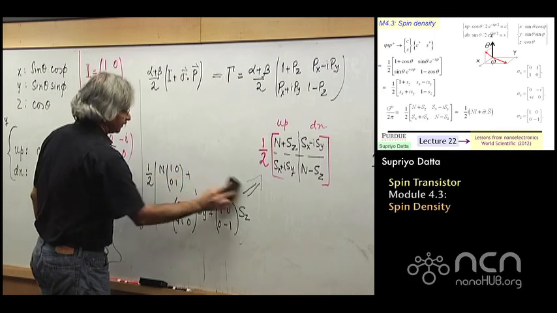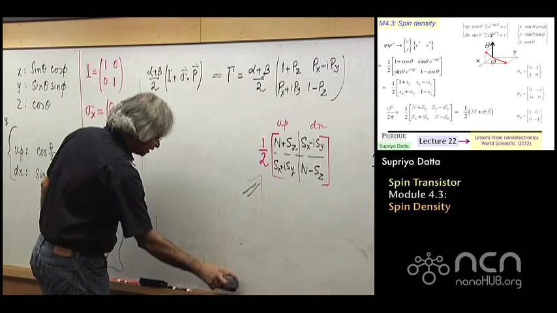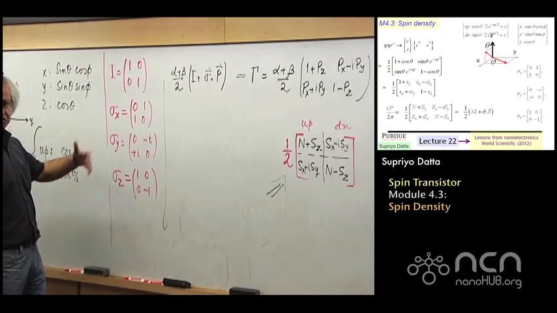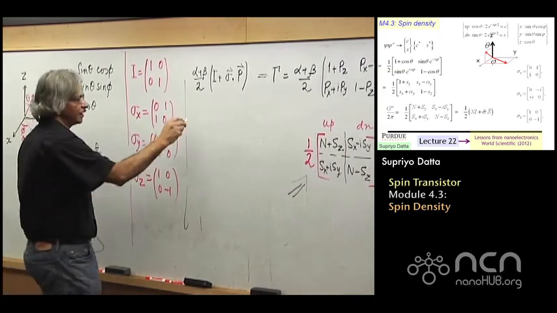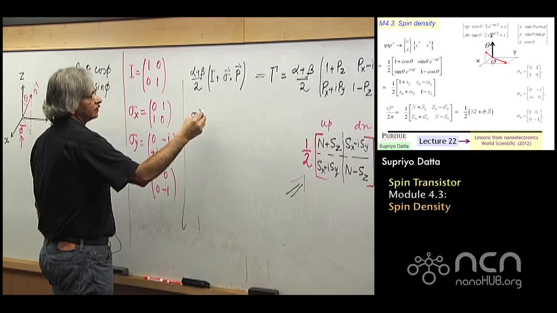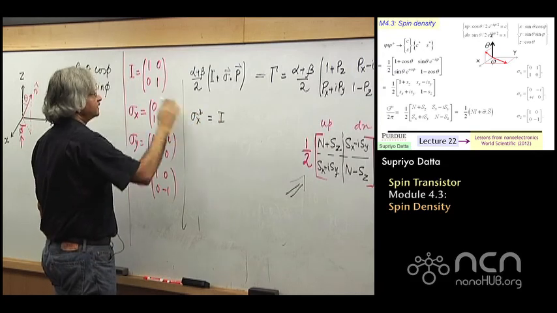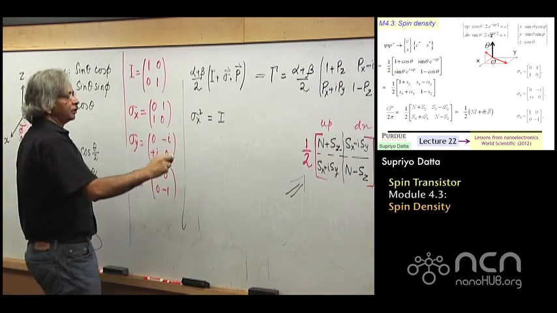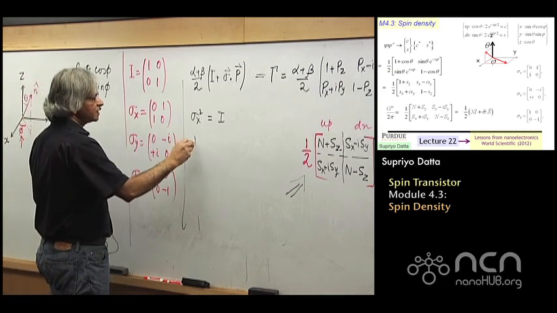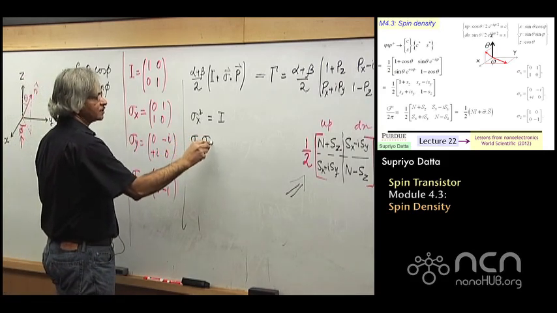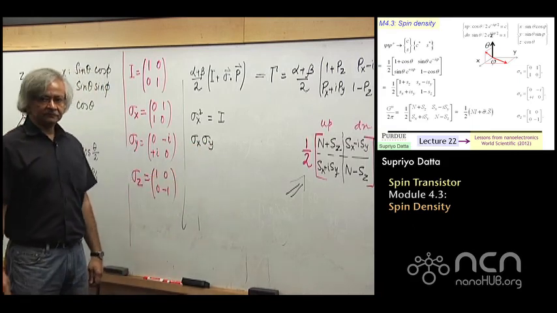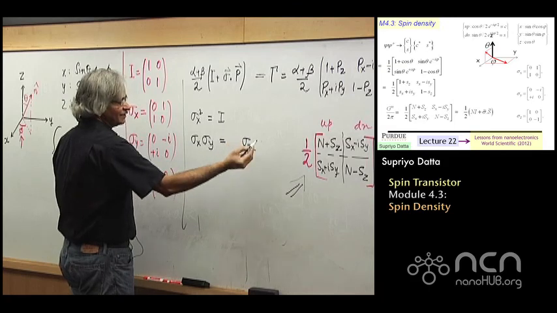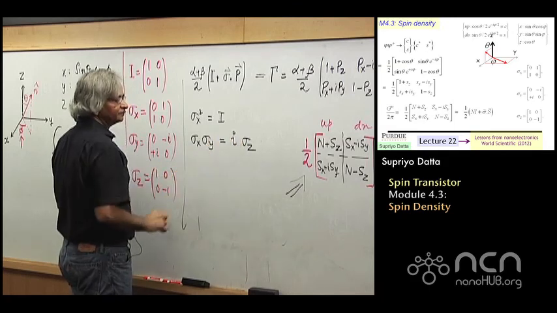It goes something like this. If you take any of these matrices and just square it, like sigma x squared, the answer is it will be I. It will basically be the identity matrix. And you can show that. Or you could multiply two of them, sigma x, sigma y, and the answer is it will be sigma z, actually with the i in front.